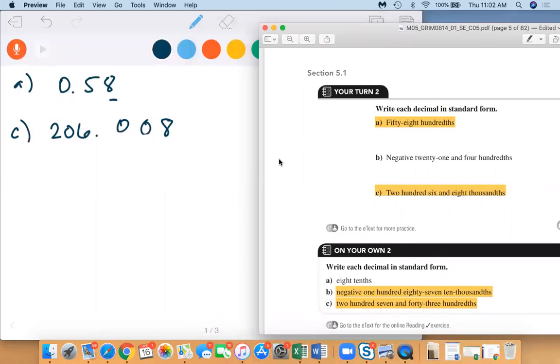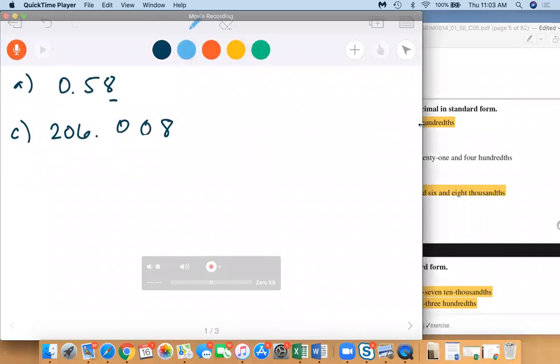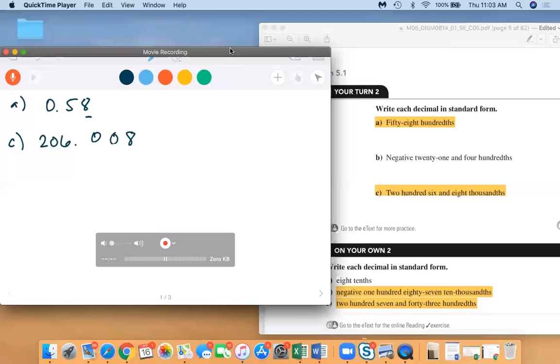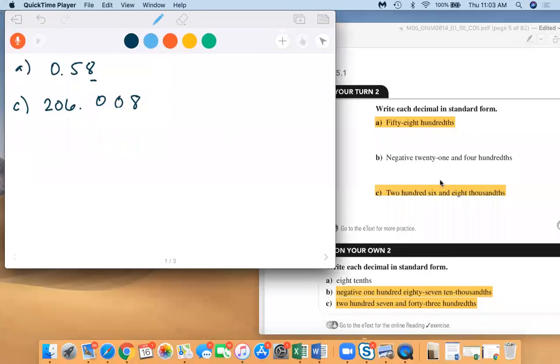Okay. So here we're given, let me make this smaller so we can see this at the same time, and then I'll make it bigger again to show work. All right, so now on part B down here, we have negative 187 10,000ths. Since there's no "and," that means this is going to be a negative point. That's how you do it when it's a point like that. You can do negative 0 point or negative point.